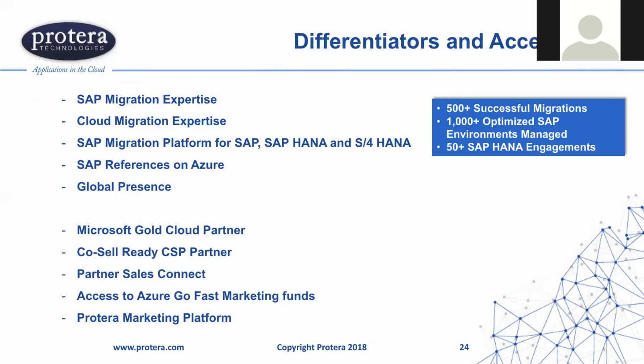So all the operational benefits, as I mentioned, the scalability, the agility to be able to add compute very quickly, as well as to be able to build one of the largest scale-up environments, including 20 terabytes now, that will be certified for S/4HANA and for HANA. That's available in Azure. So it's a key differentiator.